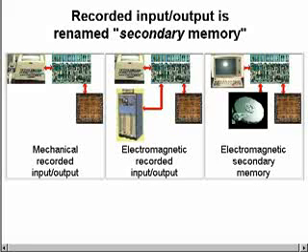The old electronic memory of the computer was renamed primary memory. The external recorded media was renamed secondary memory. This is shown in the middle diagram above. The teletypewriter is stripped of its paper tape unit, and a magnetic tape unit is added in its place.